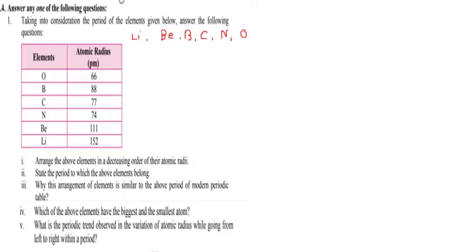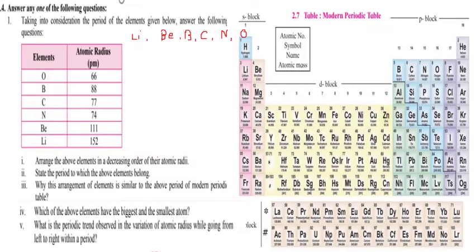Now, let us see our next question. State the period to which the above elements belong. So here, lithium, beryllium, boron, carbon, nitrogen and oxygen belong to period number 2. Why is this arrangement of the elements similar to a period of the Modern periodic table?